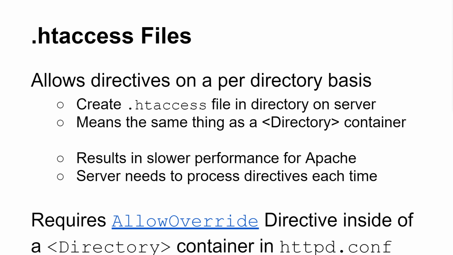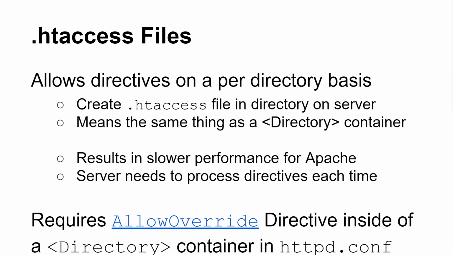But it does mean a little bit of a slower performance hit on Apache, because every single time Apache has to traverse a directory in order to find content, it needs to first check if there's an htaccess file. And then if there is one, it needs to process any of the options in those particular directories as it searches for the file content in question.